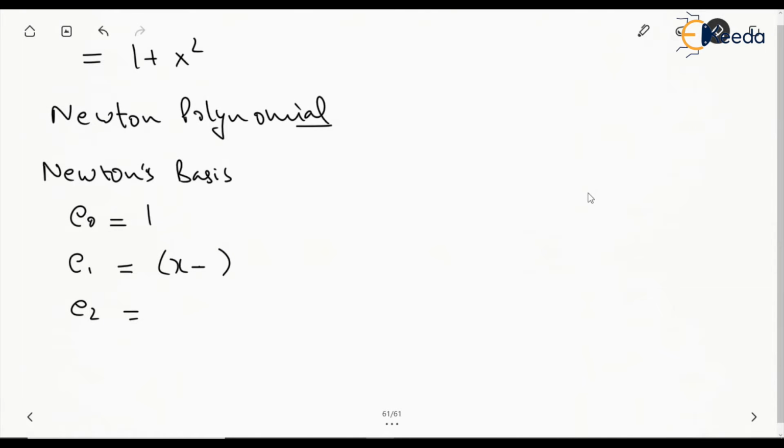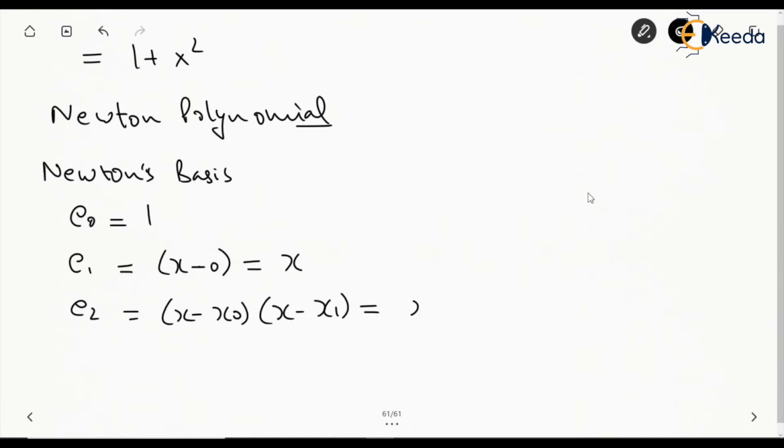So e1 is going to be x minus 0, which will be simply x, and e2 is going to be x minus x naught into x minus x1.